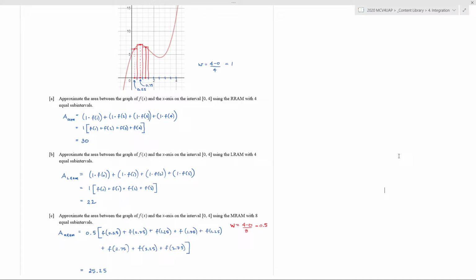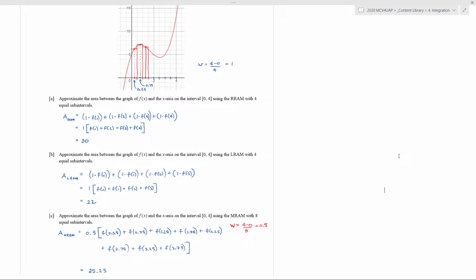And I'm just going to multiply that by the height of each rectangle, which is f at 0.25 plus f at 0.75 plus f at 1.25 plus f at 1.75 plus f at 2.25, etc., all the way to f at 3.75.